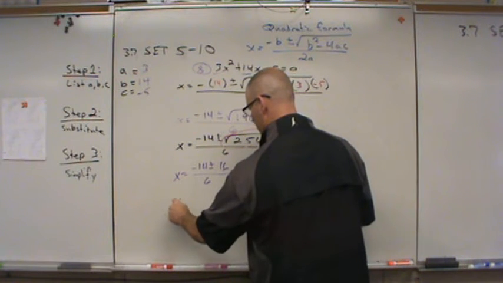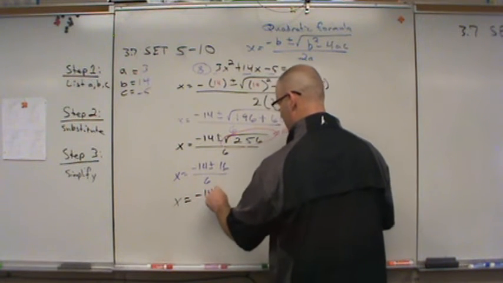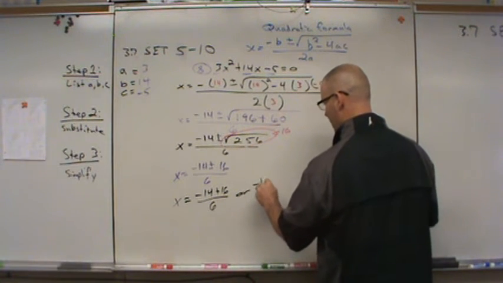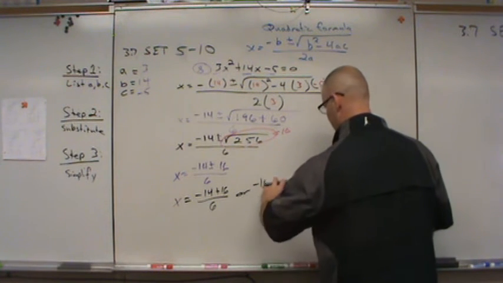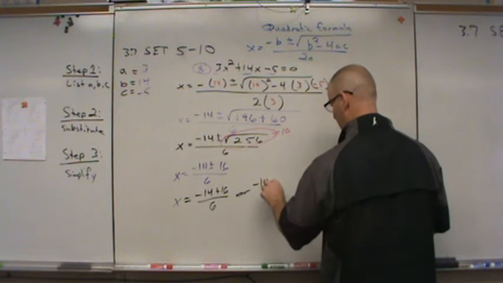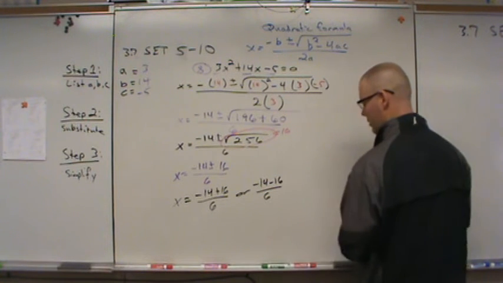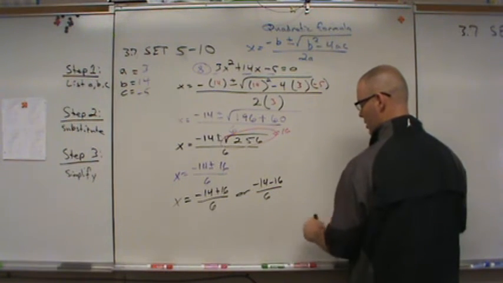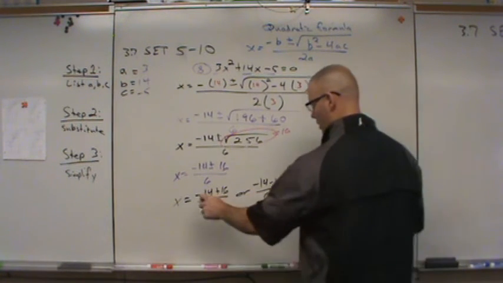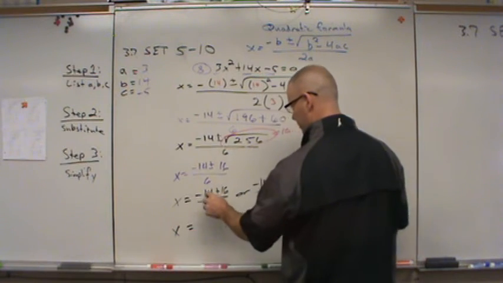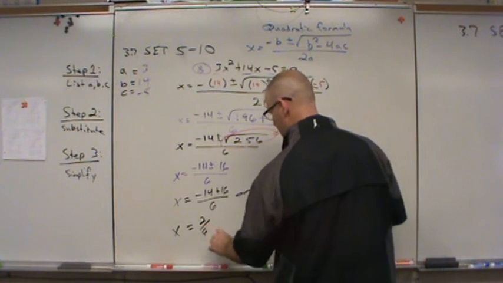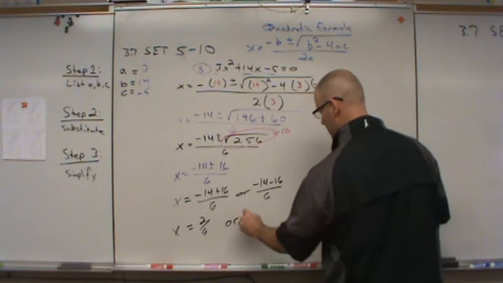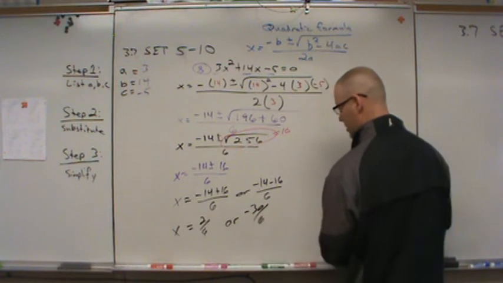So x is equivalent to minus 14 plus 16 divided by 6, or minus 14 minus 16 divided by 6. 1 plus, 1 minus. So what do I get? Well, minus 14 plus 16, that's 2 over 6. Minus 14 minus 16, that's minus 30 over 6.